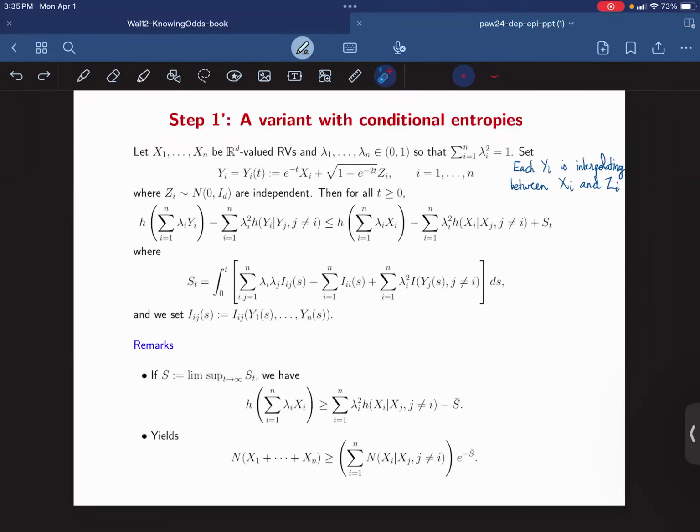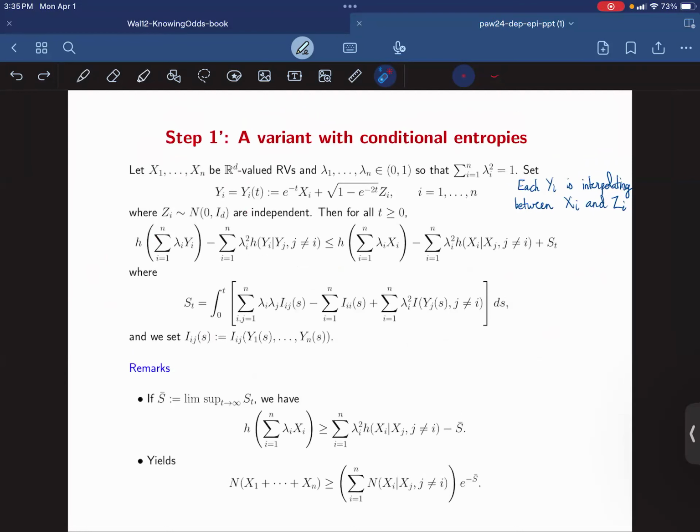But let's look at what happens when we send t to infinity in this expression here. When we send t to infinity, these yi of t's are converging to Gaussian. It turns out that in the Gaussian case, this stuff basically just vanishes.